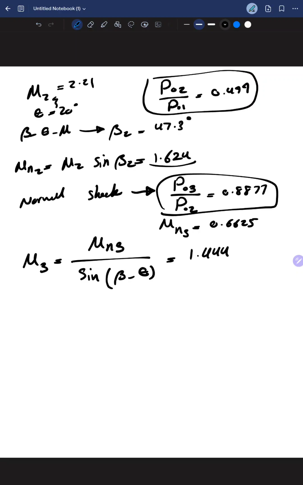And then this M3 is met with a normal shock, which means that we can directly take this value to the normal shock tables, find 1.44. Of course, we don't have 1.44, so you have to do an interpolation. Only one interpolation is required.